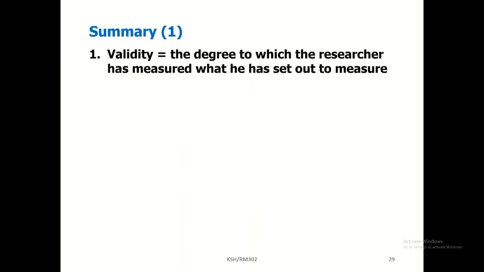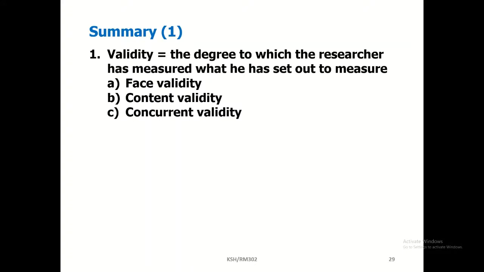To sum up, so far we have learned about validity, which is defined as the degree to which the researcher has measured what he has set out to measure. 5 types of validity have also been discussed: face validity, content validity, predictive validity, concurrent validity, and construct validity.